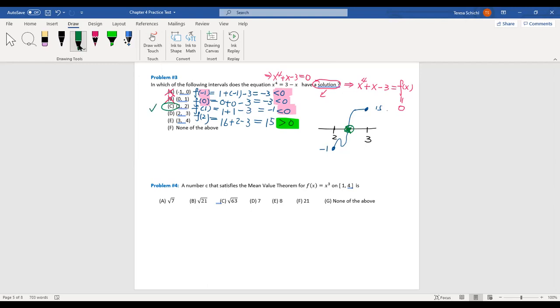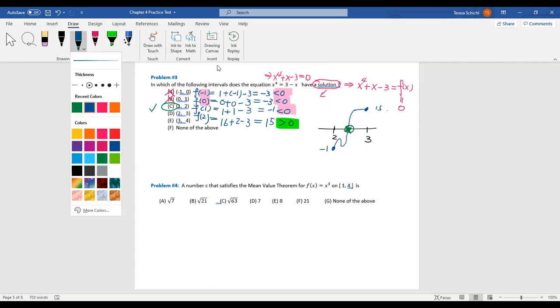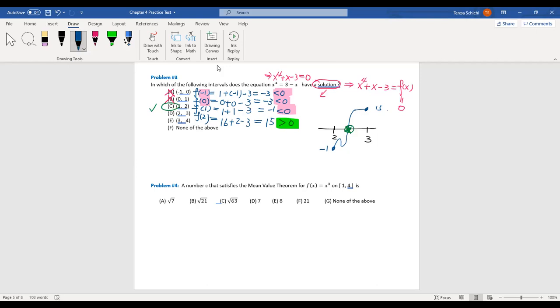Okay, so let's take a look at the others. From 1 to 2, I'm sorry, 1 is negative, 2 is positive. Now from 2 to 3, let's take a look at f of 3. f of 3 is 3 to the 4th power plus 3 minus 3.